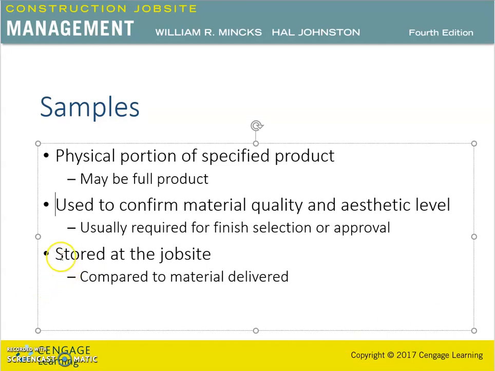So samples are usually stored at the job site and compared to the material delivered and installed. So confirmation of the correct material on the job site prior to the installation of the product avoids costly delays. So comparison of samples with the product received is an important part of the project quality control.